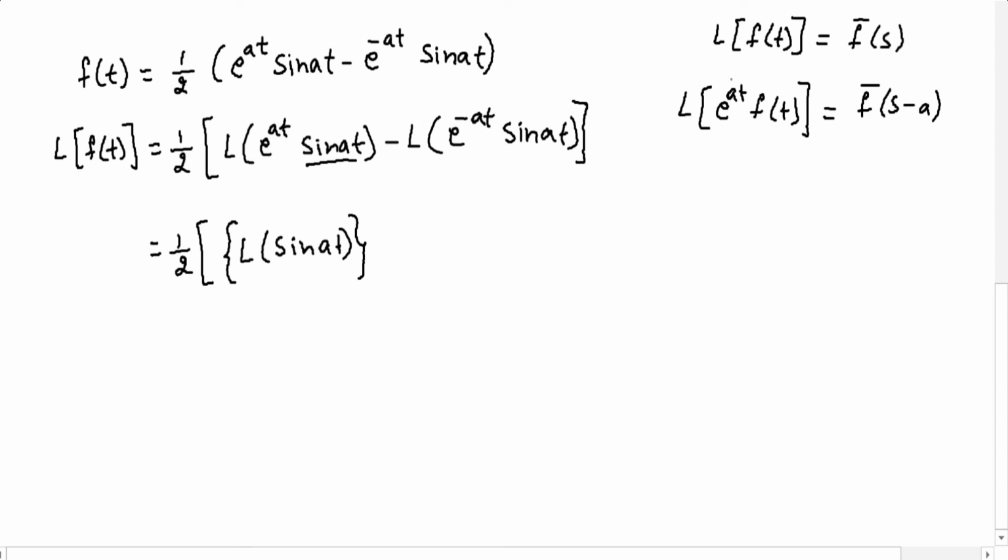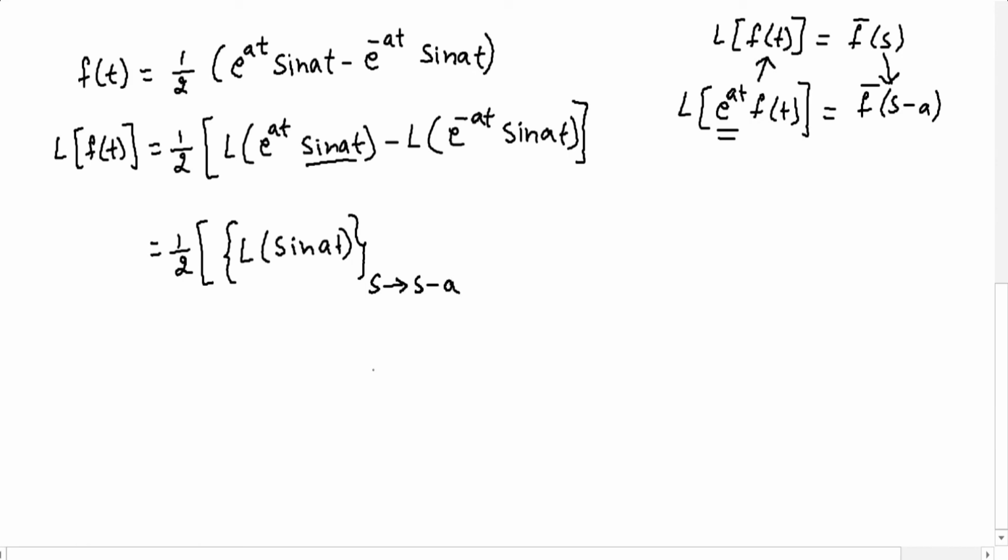But the moment this e power of at is included along with f of t, this s will be shifted to s minus a. So instead of writing e power of at f of t, I am writing the expression to be f of t. In that case, what will happen to this e power of at? s will be shifted to s minus a.